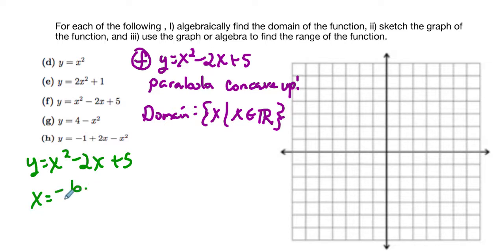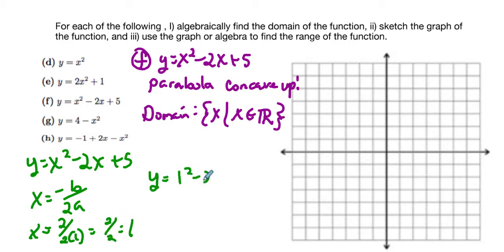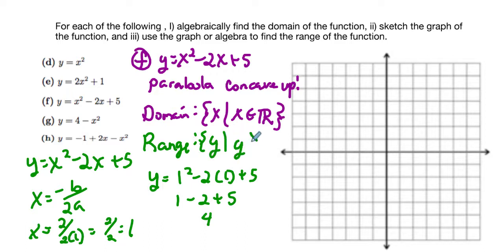Remember, I can find the x value of the vertex by taking the opposite of b over 2a, which gives us 1, plugging that into my function in place of every x, which gives us 4. So I know my range is y such that y is greater than or equal to 4. Since it's concave up, I use greater than or equal to. Now let's graph this and check and see if the graph agrees with what we just found algebraically.